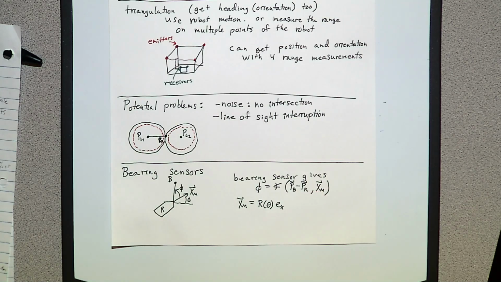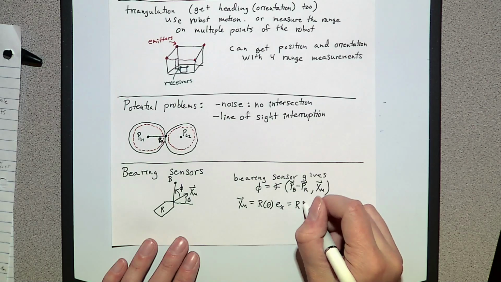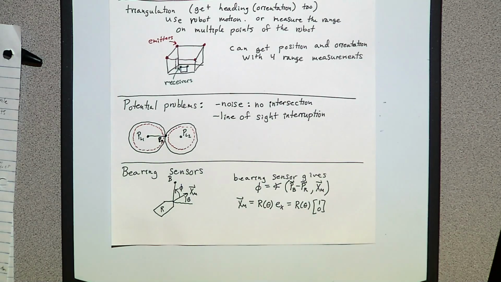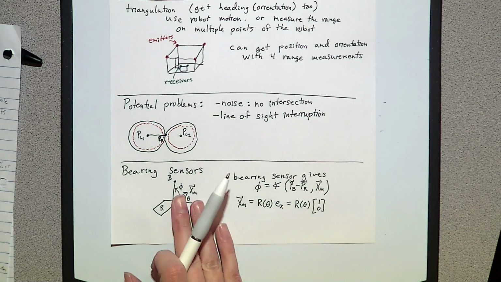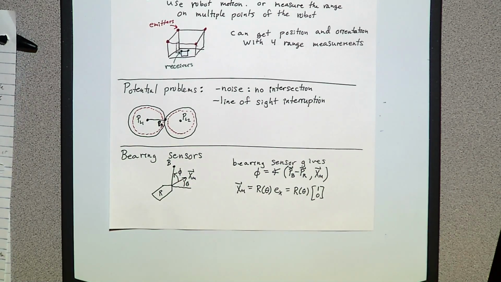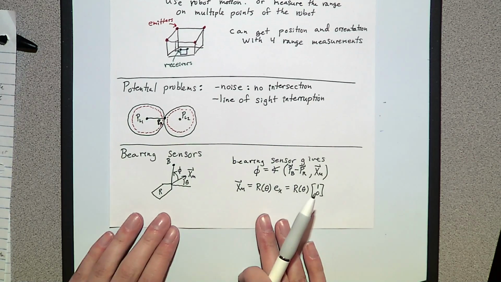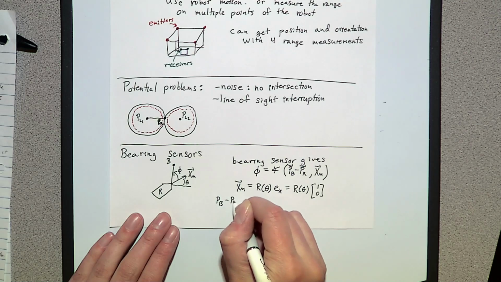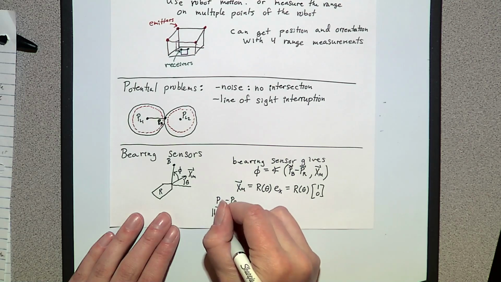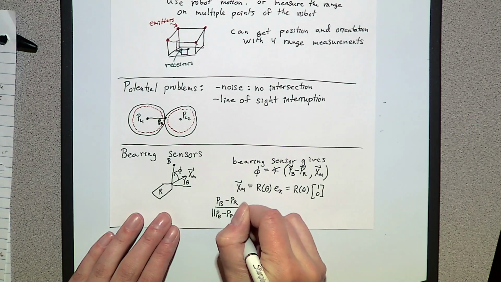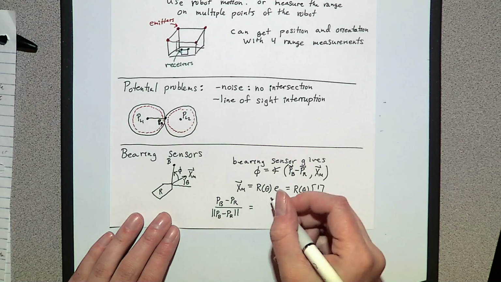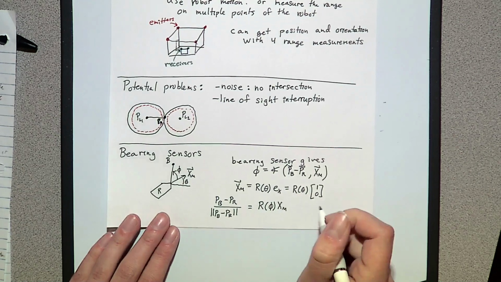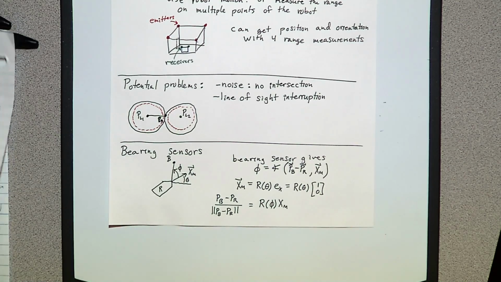So that kind of describes the orientation of this xm relative to our world frame. And so we can actually relate the positions, PB minus PR, to our xm, like so.